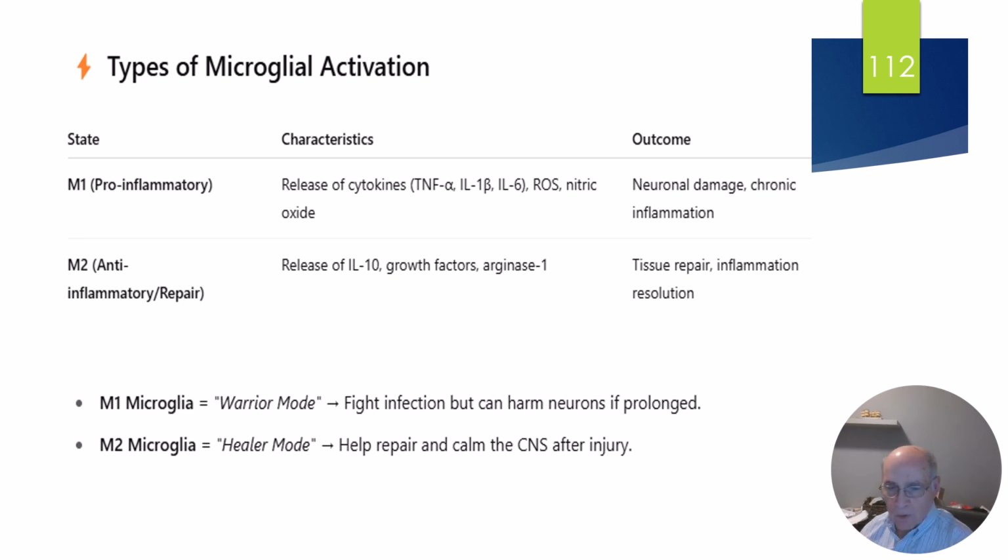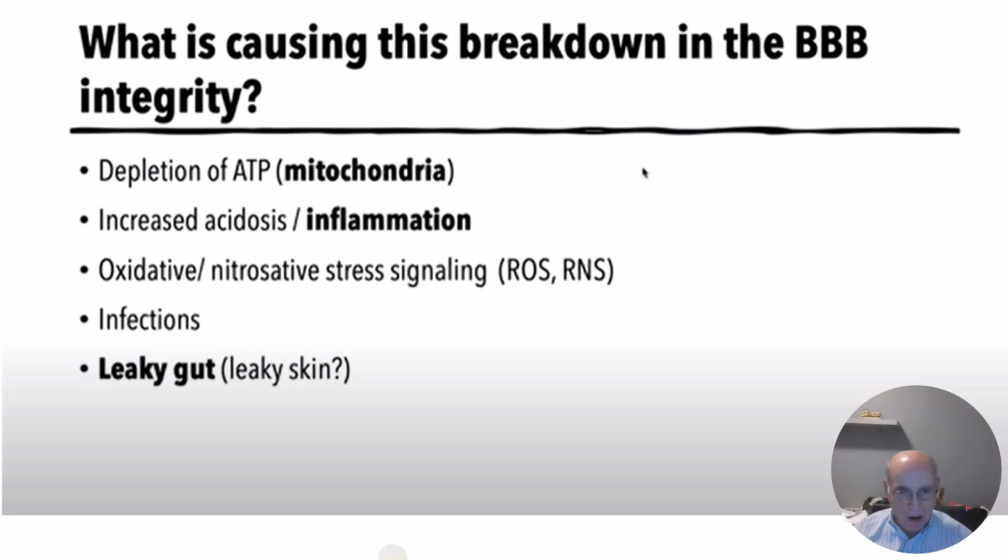So the things that we talked about in order to maintain the integrity of the blood-brain barrier, which we'll talk about, is very, very pro healing of the brain, more an M2 type of response, and certainly is involved more and more with the repair of the blood-brain barrier.